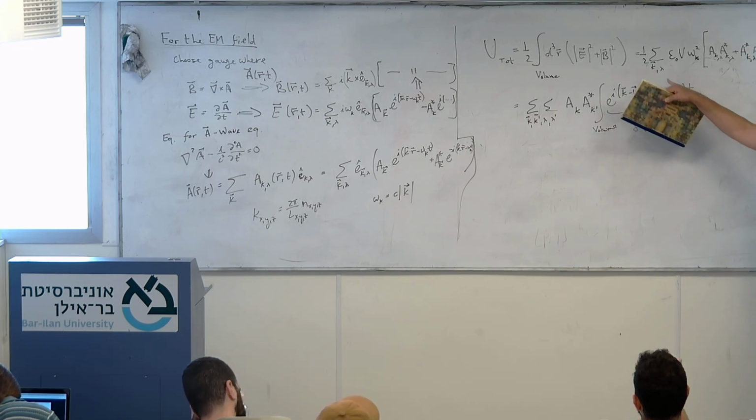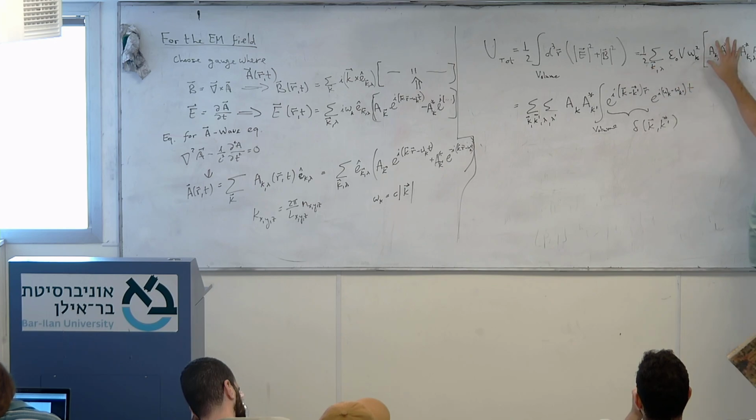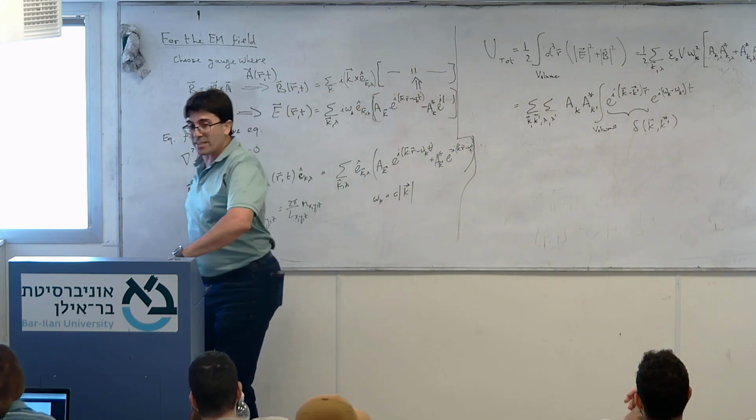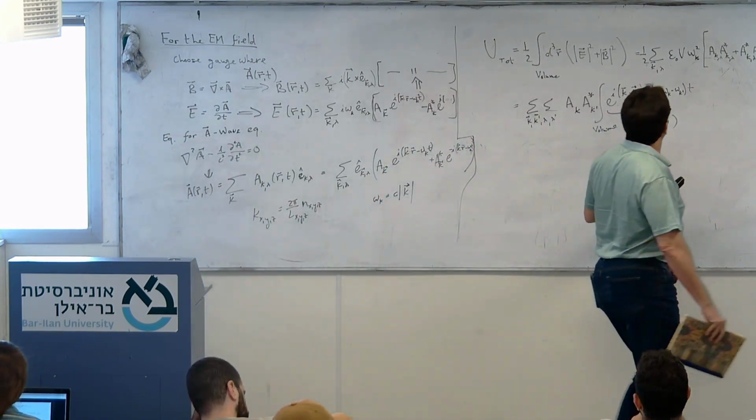Now, classically those two are of course the same, and I could have thrown away that half and just written here the absolute value of A_k squared, but I chose to write it like this. Why? Because now I'm going to do the quantum step, and for the quantum step, I know that the order matters.